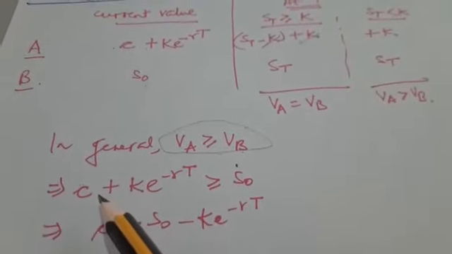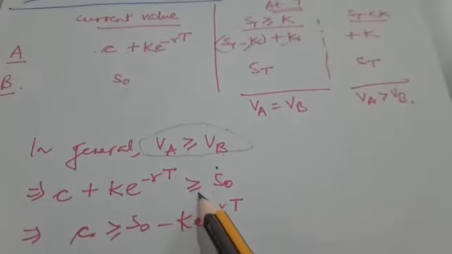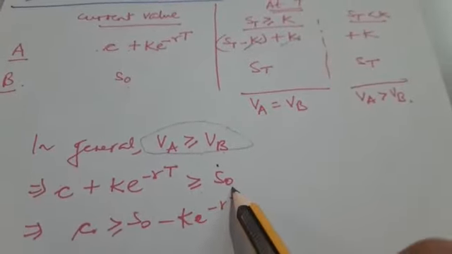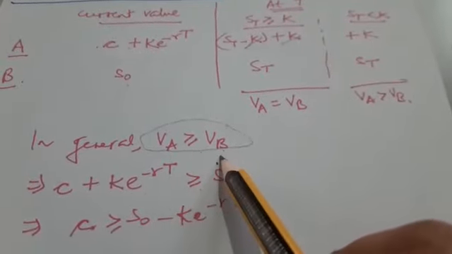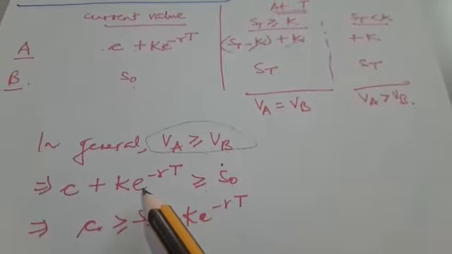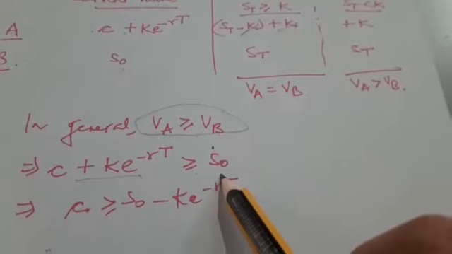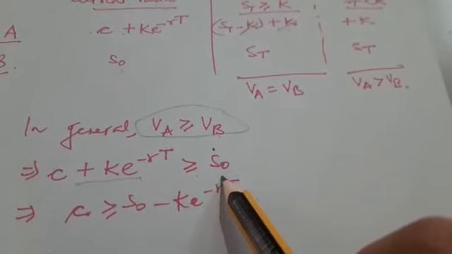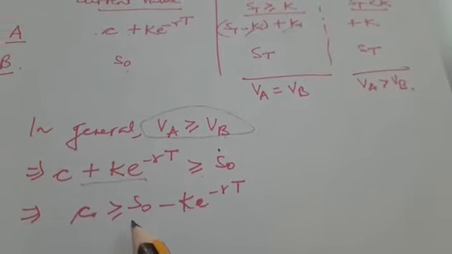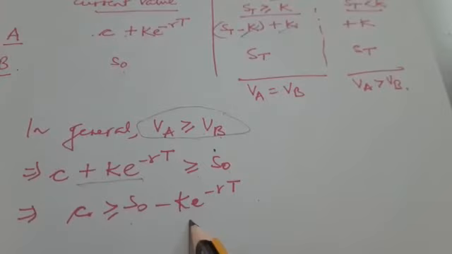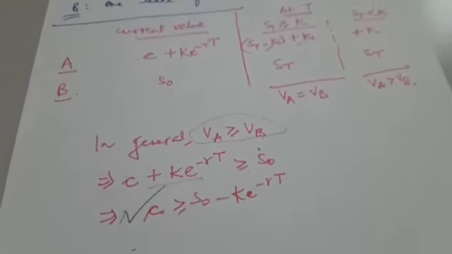The current value of portfolio A is C plus K times e to the power minus RT, and that has to be greater than or equal to S naught, because the future values are such that the value of A is greater than or equal to the value of B. Therefore, even for the current values, the value of A has to be greater than or equal to the value of portfolio B. Now you simply have to solve for C. So you get the result that C has to be greater than or equal to S naught minus K times e to the power minus RT, and that is your lower bound result.